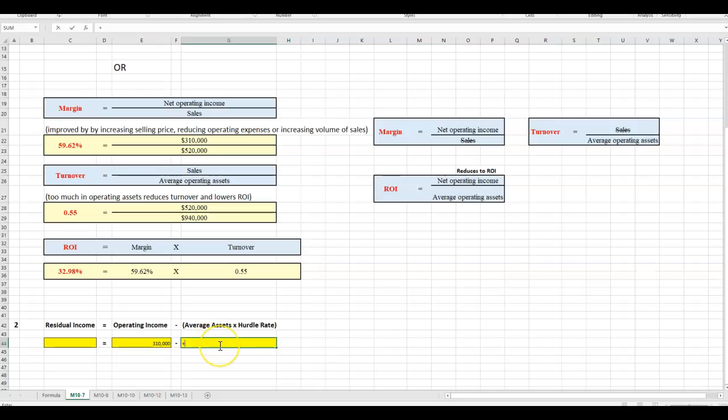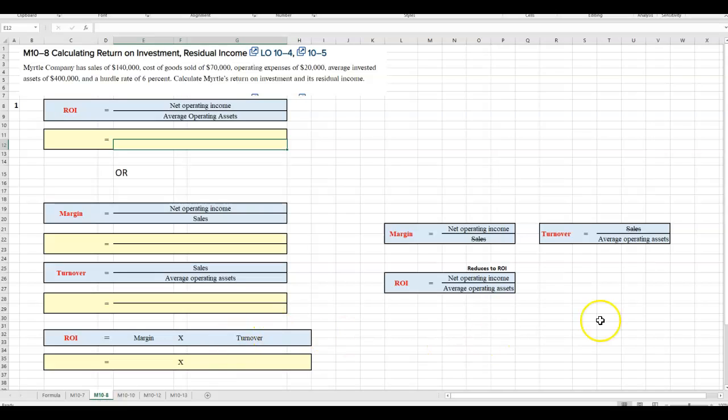So that would be 940,000 times 10%, which is 94,000. My residual income is 310,000 minus 94,000, so that's 216,000 residual income, over and above what I require as a minimum.